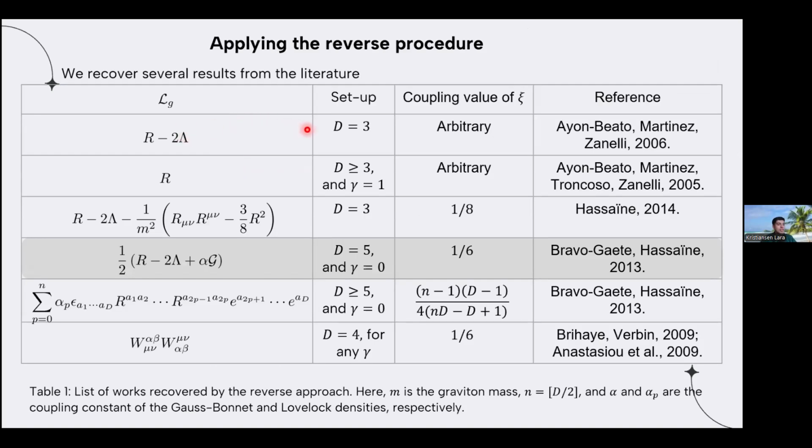In this table, when you specify your gravitational theory, you then have to specify a particular value of this coupling constant chi. For pneumatic gravity, for example, chi will be 1/8. For Gauss-Bonnet, chi is going to be 1/6. For Lovelock, this value, and for conformal gravity, this value, while in GR it is arbitrary.